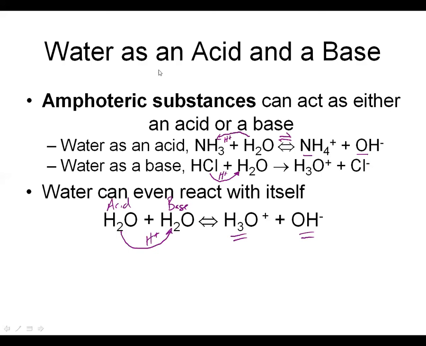When water does react with itself, the other place that we saw these arrows that head in both directions is when we talked about equilibrium. And if you remember, when we talked about equilibrium, there is a big K, which is known as the equilibrium constant.